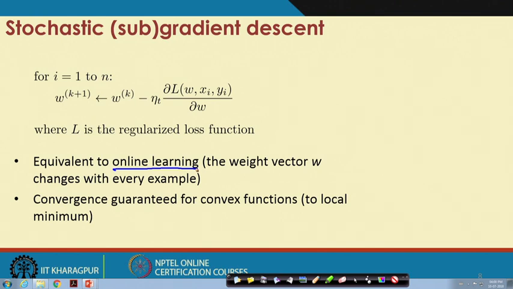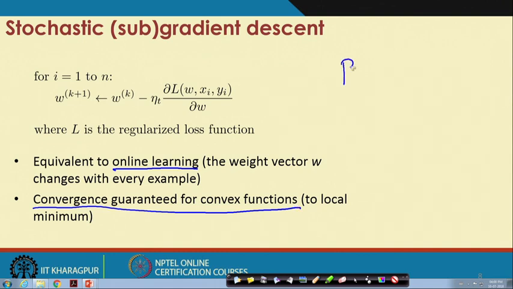There have been many online learning algorithms. For example, there is the very famous online learning algorithm called perceptron, which is a famous online learning algorithm for classification. But not all of them were guaranteed to always converge. For example, it is well known that perceptron diverges in case of a training data set which is not linearly separable.